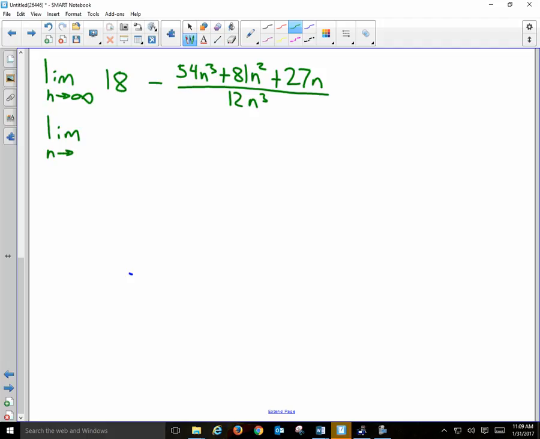Limit as n goes to infinity of 18 minus, what do we take out of the top? N cubed.